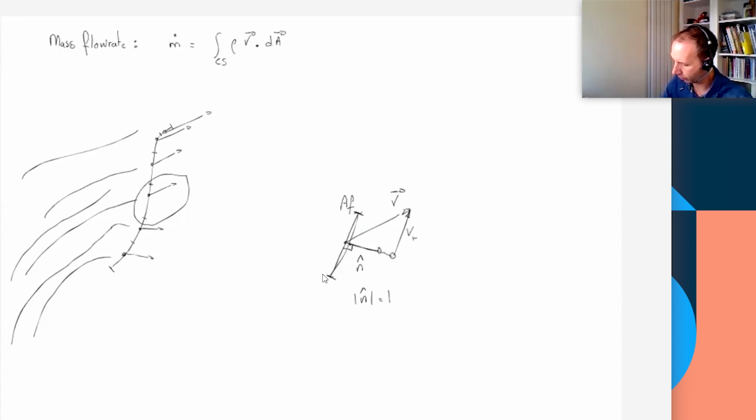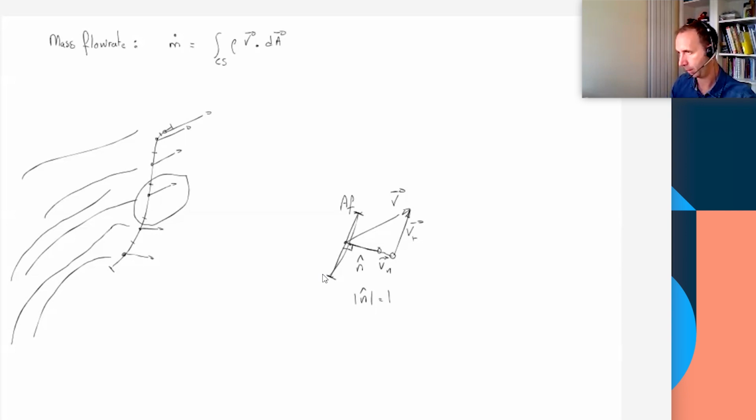This one, we'll call the tangential component. This one is the normal component. Why do we need the decomposition? Because the fluid has 2 vector components, it moves in a component parallel to the surface and perpendicular. The fluid that slides along the surface doesn't get into the surface, so it doesn't contribute to mass flow through the surface.